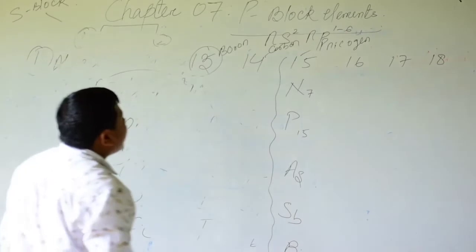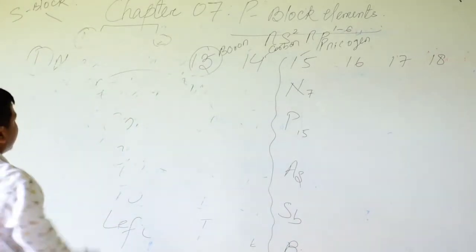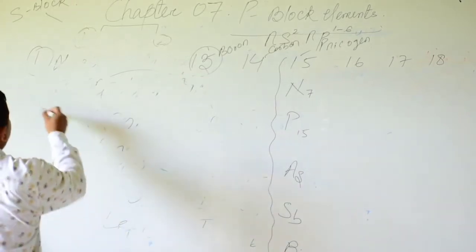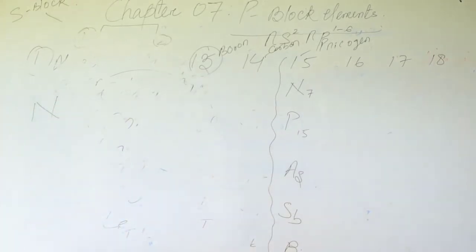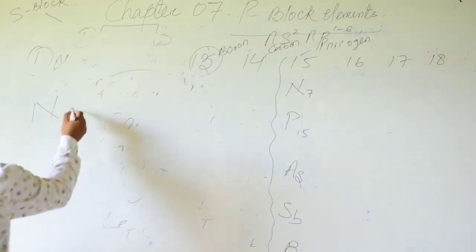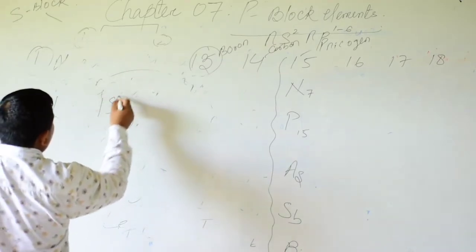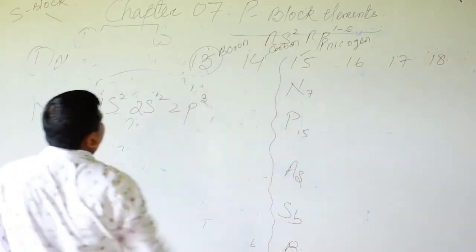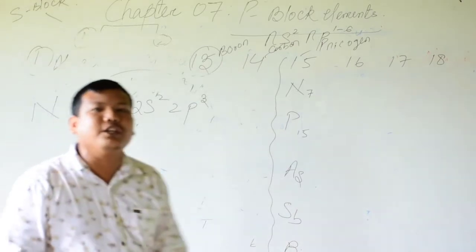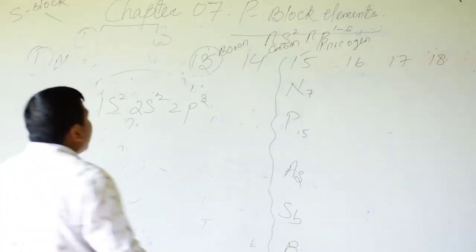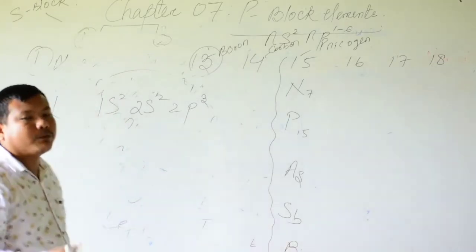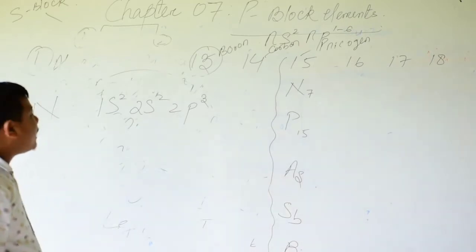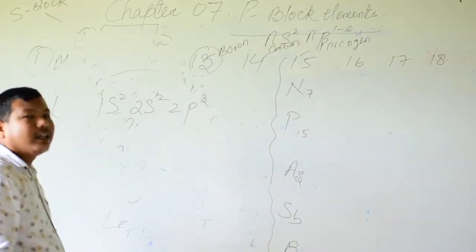So how to write the electronic configuration? I will start with nitrogen: 1s2, 2s2, then 2p3, because the outermost shell of group 15 has 5 electrons. Again I am repeating, the outermost shell of group number 15 has 5 electrons. So this is the electronic configuration of nitrogen, 1s2, 2s2, 2p3.